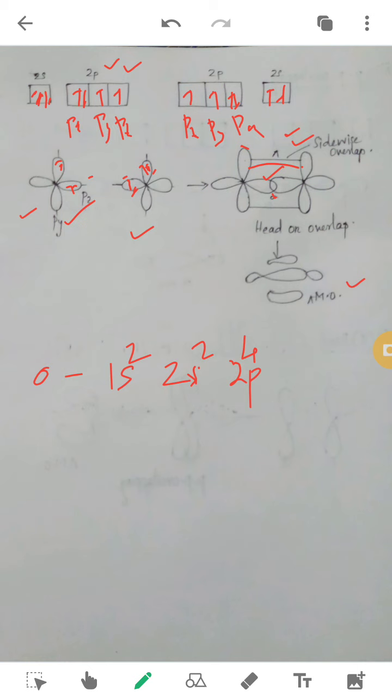Also, in case of a sigma bond, there will be free rotation of atoms around this bond because it's symmetrical. But free rotation is not possible with the pi bond, because then it will break. So these are a few comparisons between the sigma and the pi bonds.